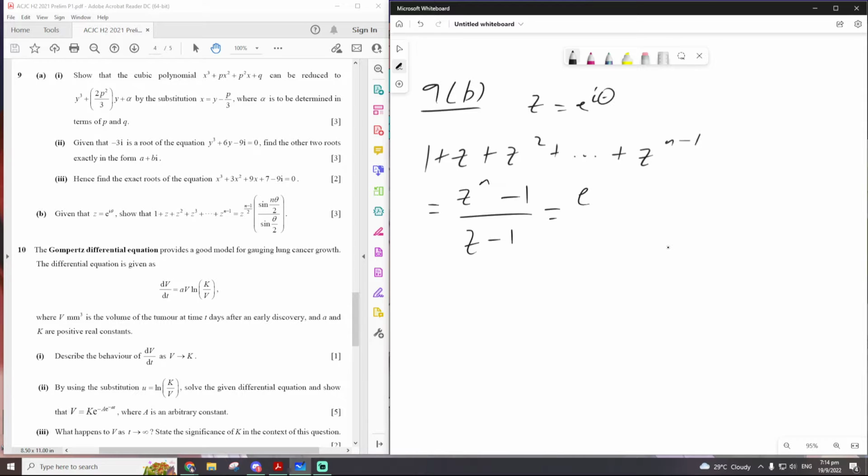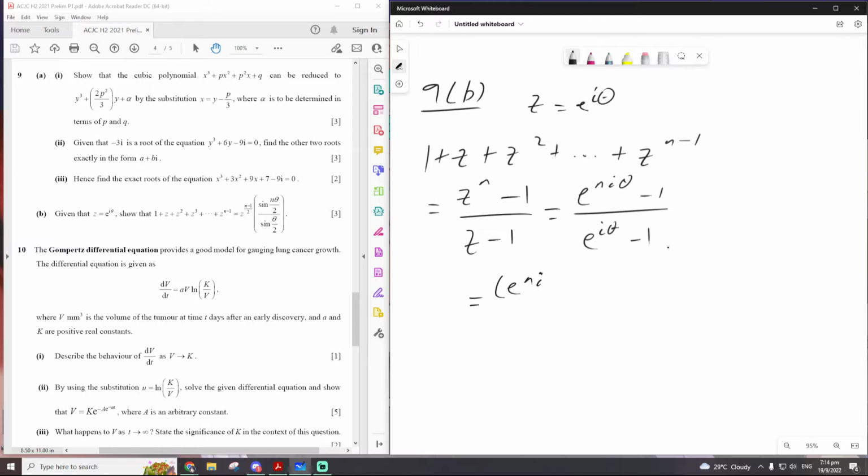So this is e to the ni theta minus 1, divided by e to the i theta minus 1. What I'm going to do is something a bit unexpected to some of you.